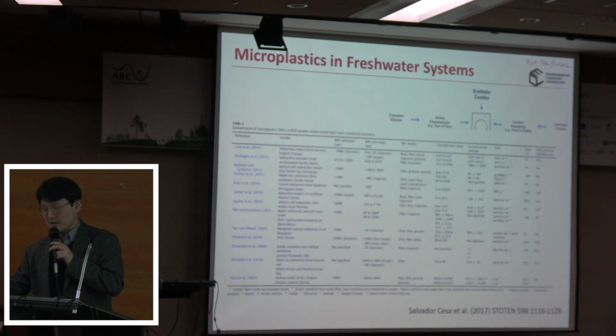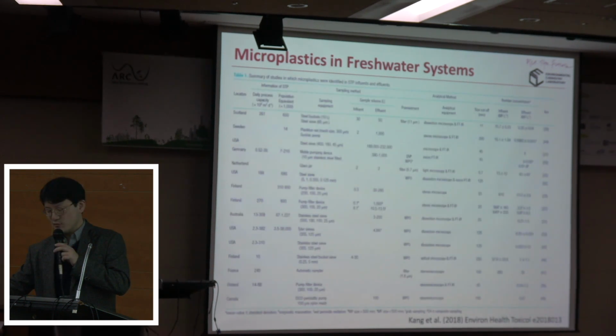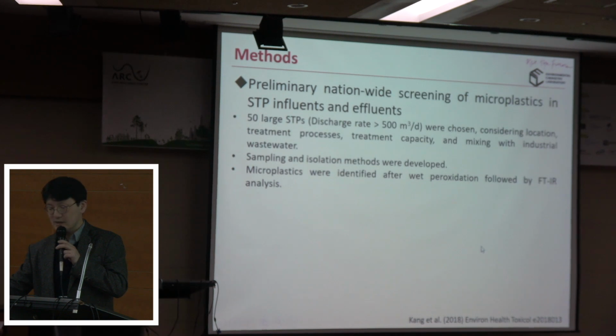Reviews show that microplastics in water treatment systems are found in many different places over the world. Recently we reviewed the occurrence of microplastics in wastewater treatment plant influent and effluent, and the values vary widely, mainly because the method of isolating plastic has not been standardized.